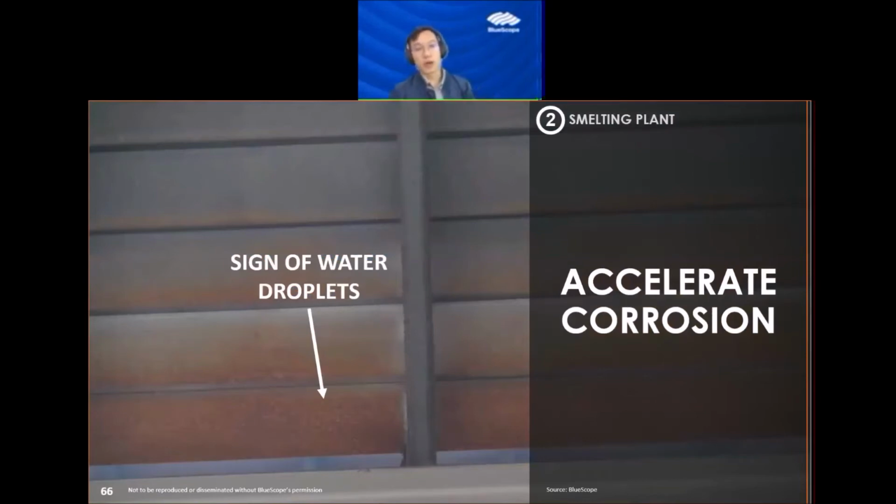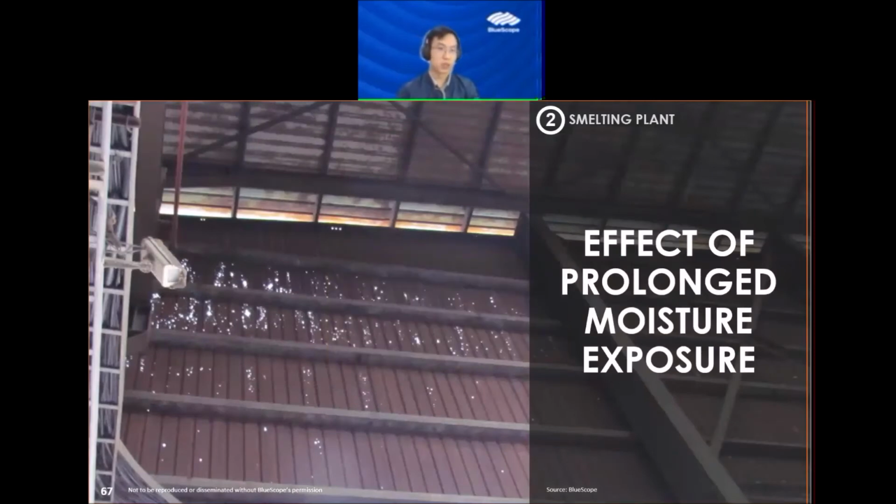Okay, so the effect of this condensation, especially for a smelting plant, because of high temperature processes, is that there will be a large amount of condensation happening underneath the roof. And eventually this will accelerate corrosion of the metals as well, right? So this is another extreme case that we have actually studied. And not just the roof, sometimes even the wall will also have this kind of effect.